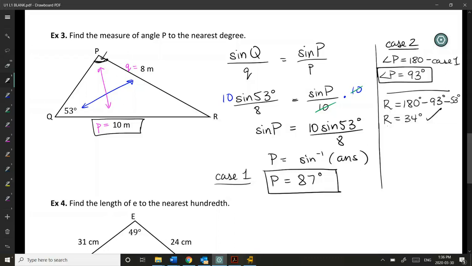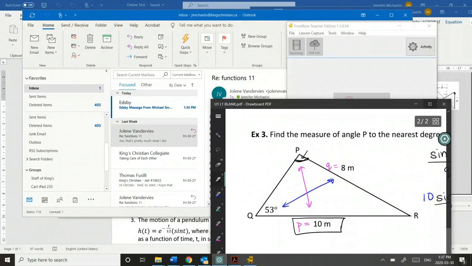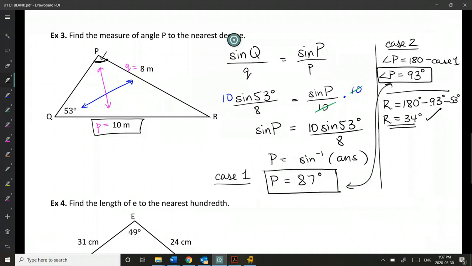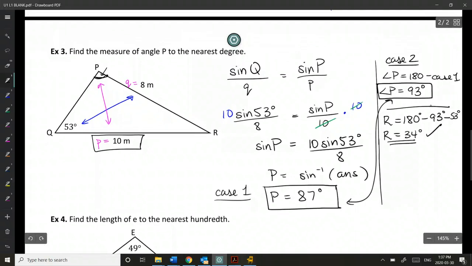So with case 2, the other option that you could have gotten here is that your angle R would have been negative, which would mean we discount the entire case 2. But because we got a positive angle for angle R, this is a potential case. So we actually have two possible answers here. Okay, unless it tells you specifically that you only have like an acute option for angle P, you need to consider that obtuse option as well.